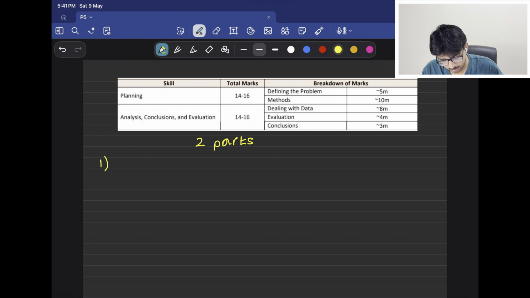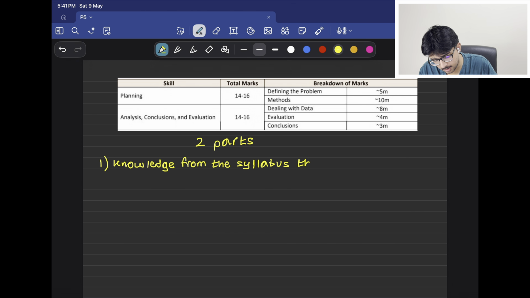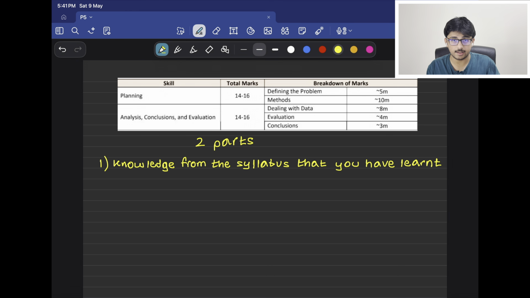The first part being your own knowledge from the syllabus that you have learned in P4. This is going to be the first part of what you're going to revise together. And we're going to revise this together today as well.